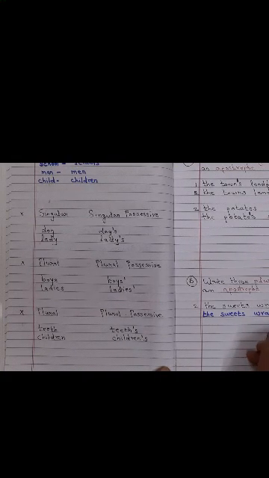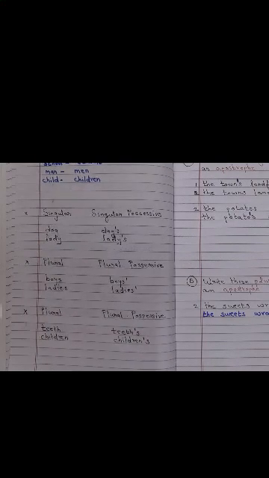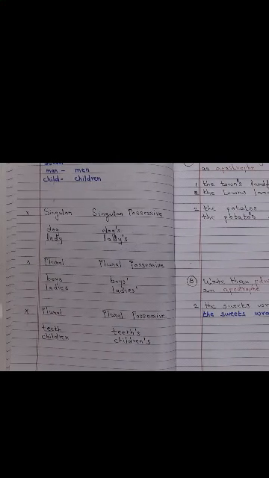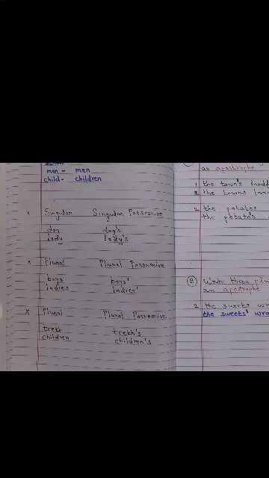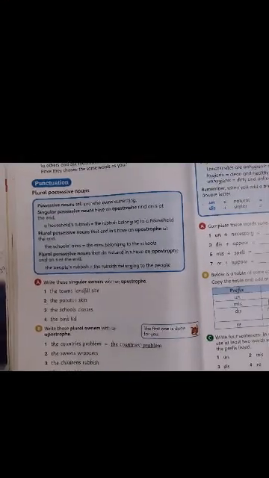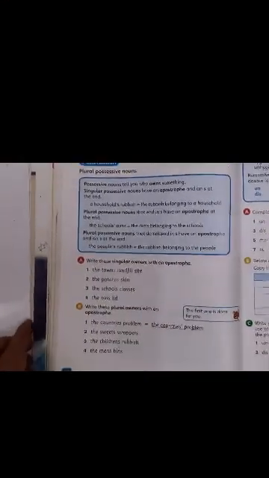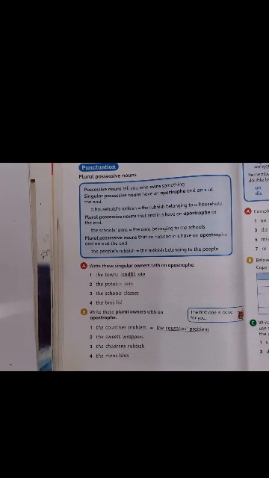Now tell me, children, where will I put the apostrophe? Yes, plural, so I will put it here. Okay, children, you should be getting it. If you don't, I will discuss in class, so give it a try. Okay, just think and do it. It should be easy. So that's all, children.